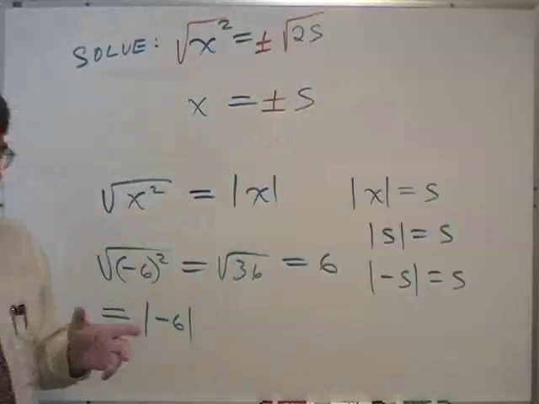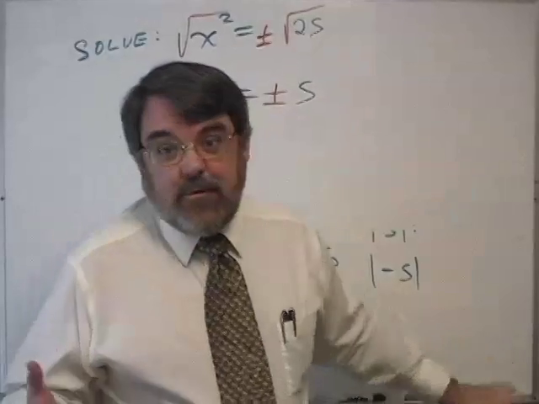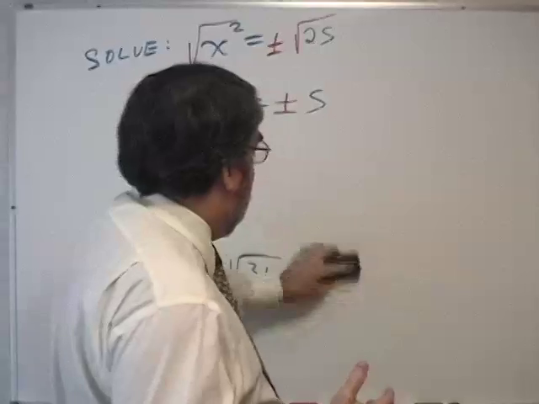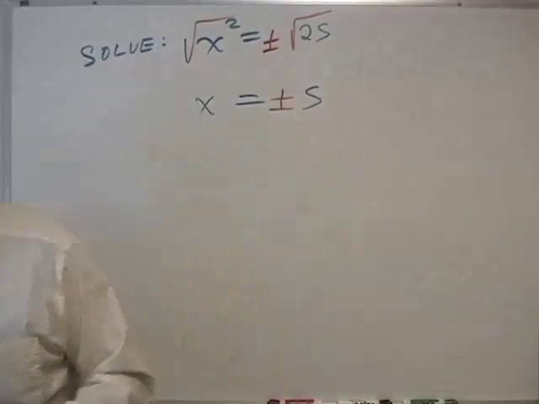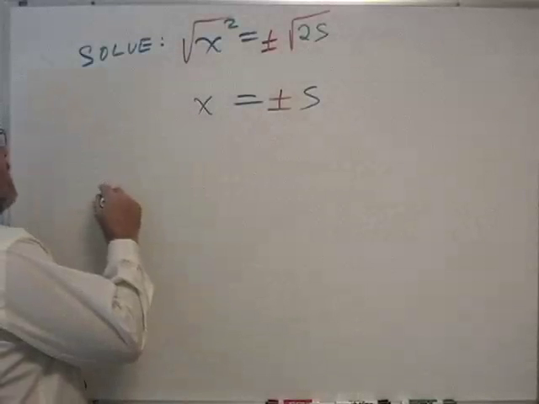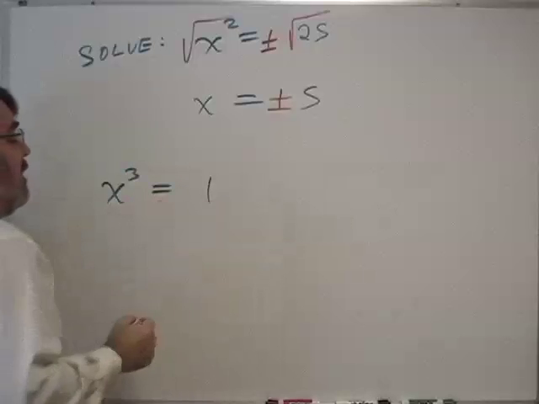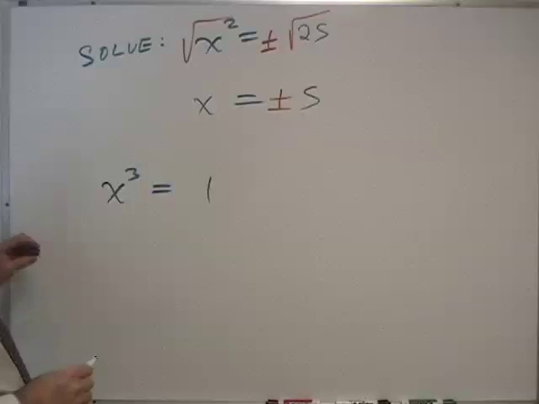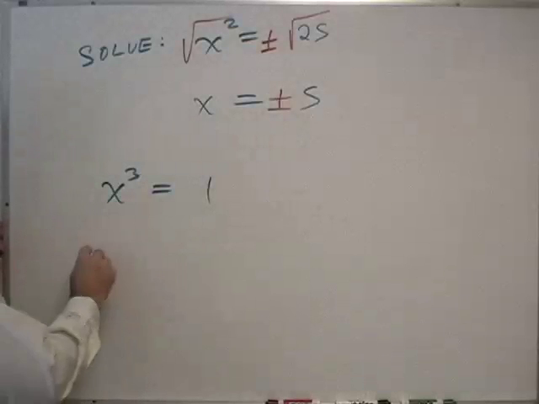I just mention this briefly: this idea that when you take the square root of both sides you get two answers is actually a general fact. If you were to solve this problem, x cubed equals 1, by taking the cube root of both sides, you might say, well, there's only one answer. 1 to the third power is 1.